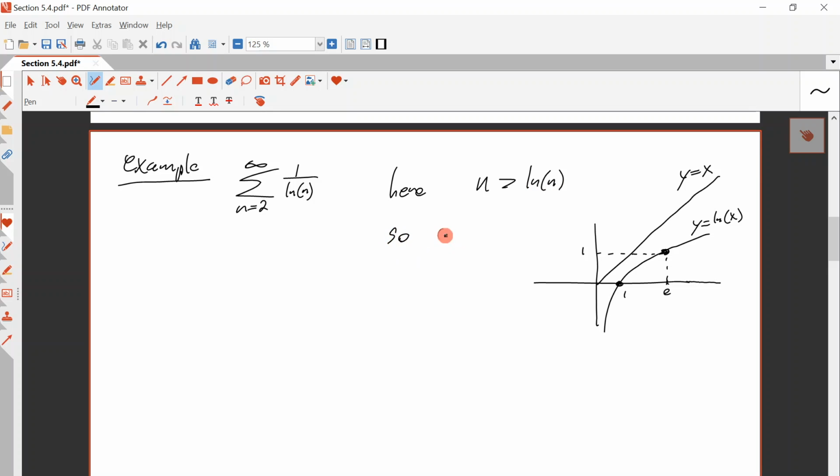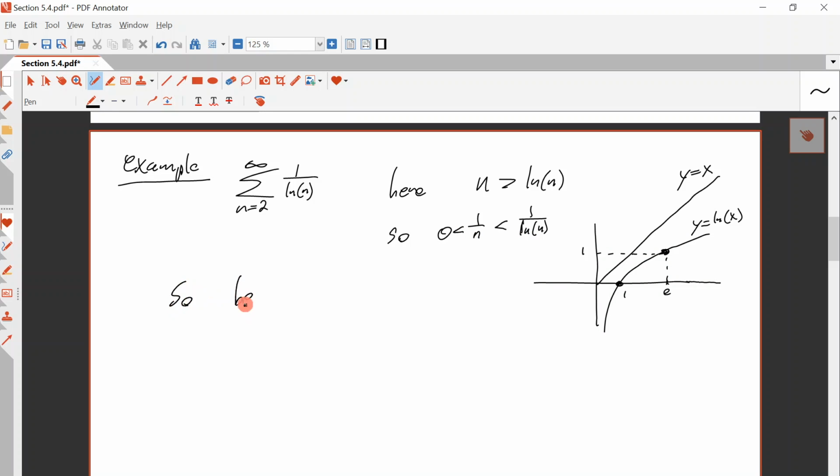So 0 is less than or equal to 1 over n, well, strictly less than 1 over natural log n. Right, because the denominator, the natural log, is smaller than the denominator of 1 over n, the fraction is bigger.